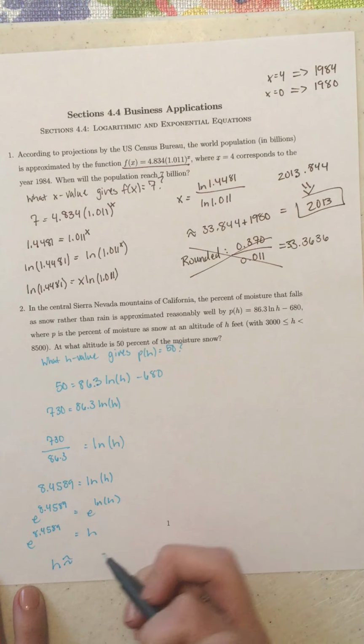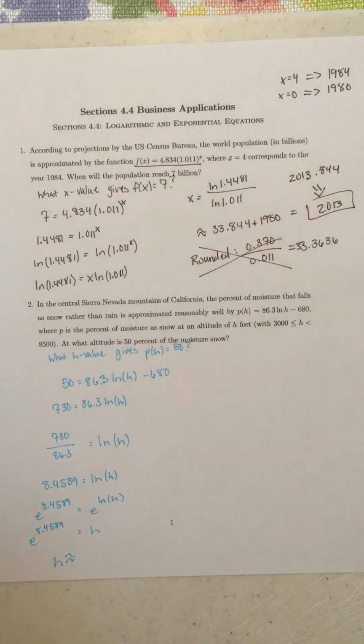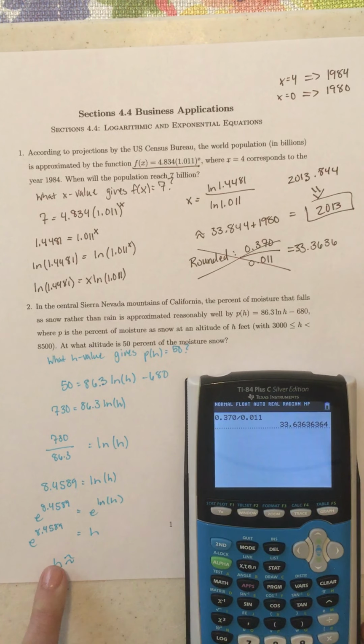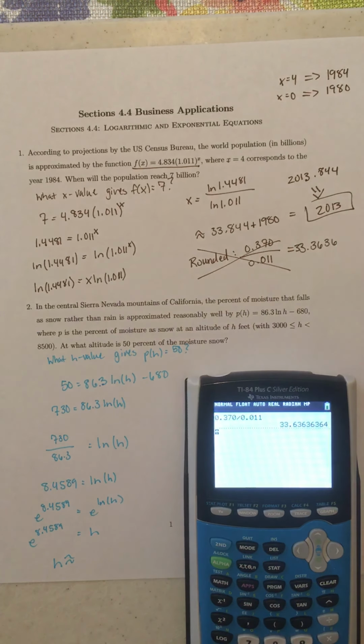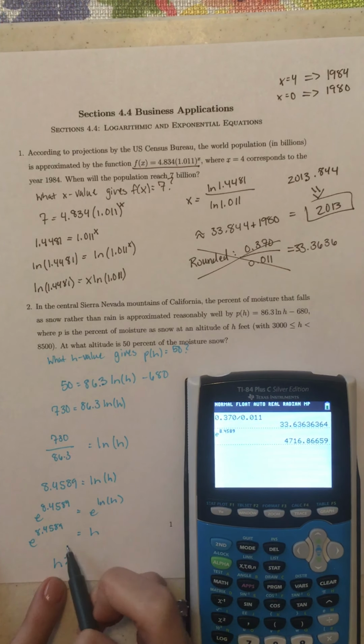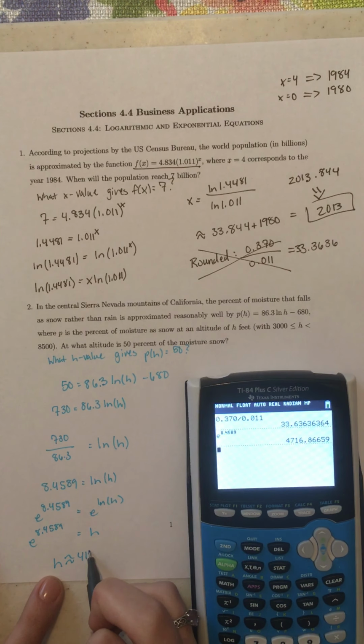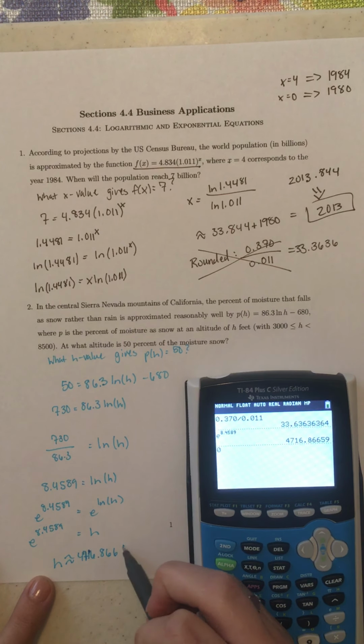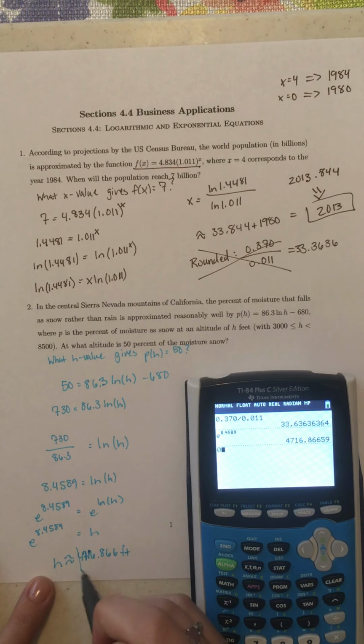So our H is approximately, now we can use our calculator to find our H value. So we have second e to the 8.4589 is equal to 4716.866, and this is feet.